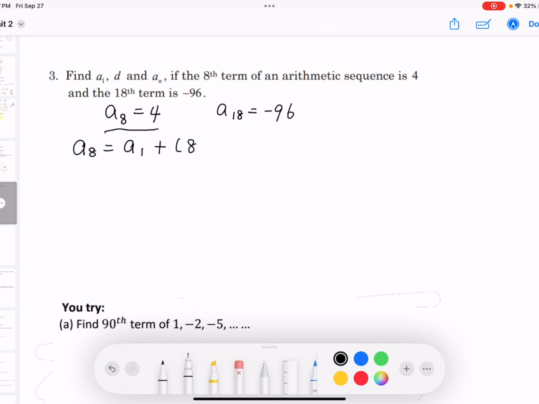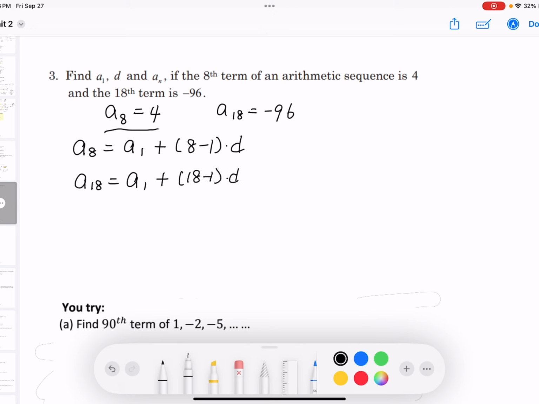How about the relationship between a sub 18 and a sub 1 and d? So it is a sub 18 is equal to a sub 1 plus 18 minus 1 times d.